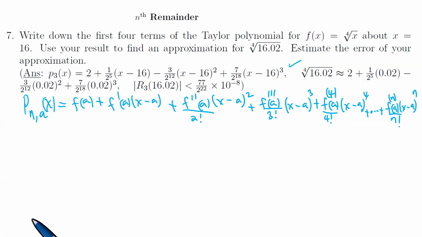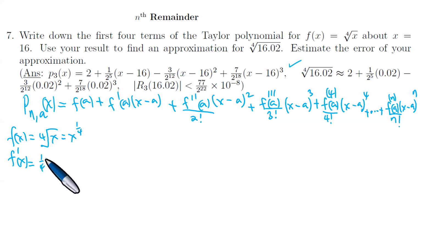Now, we need to deal with the function f. So it is the 4th root of x. Let's just find the derivative. So now you have this.